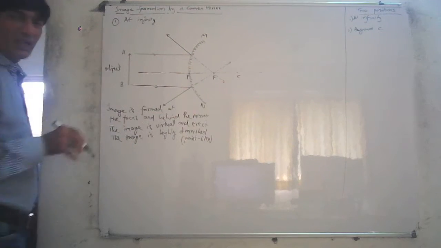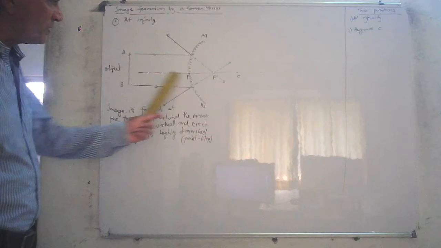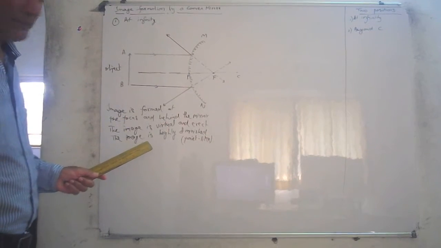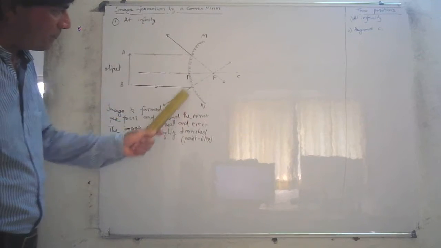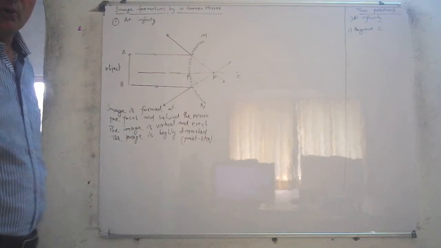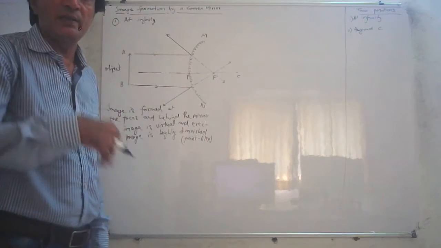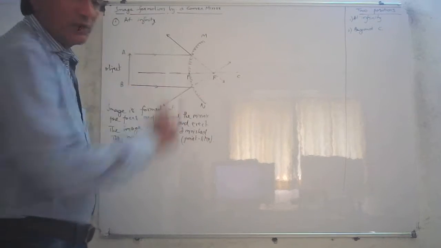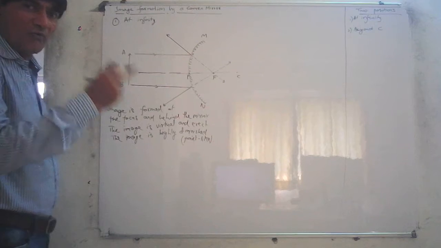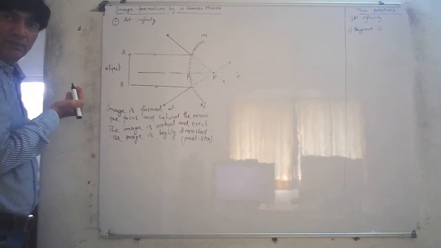Two rays of light parallel to the principal axis, after reflection they diverge this way, and when they are extended backwards, they meet at the focus. So they appear to meet at the focus. They don't really meet, that's why the dotted line. But they appear to meet when they are extended backwards, and therefore a virtual image is formed. A virtual image is always erect. It is formed behind the mirror, not in front of the mirror.